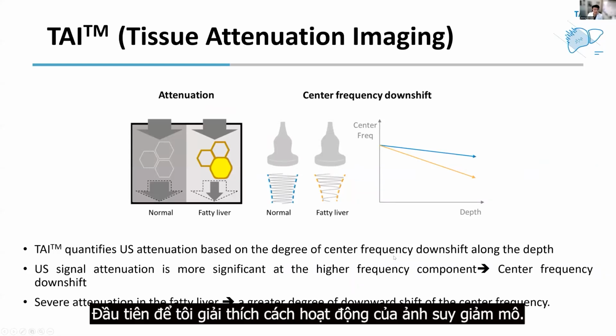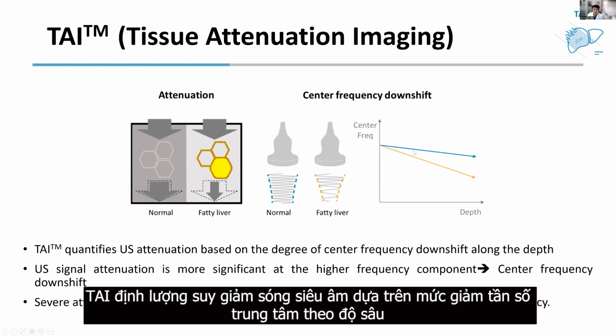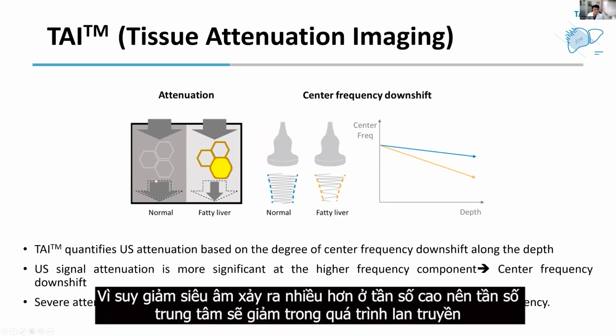Let me first explain how tissue attenuation imaging works. TAI quantifies ultrasound attenuation based on the degree of center frequency downshift along the depth. As ultrasound signal attenuation is more significant at the higher frequency component, center frequency shows downshift as beam propagates in the media.